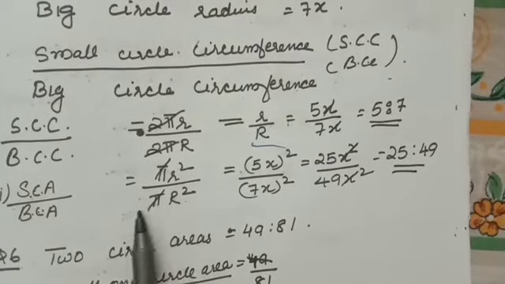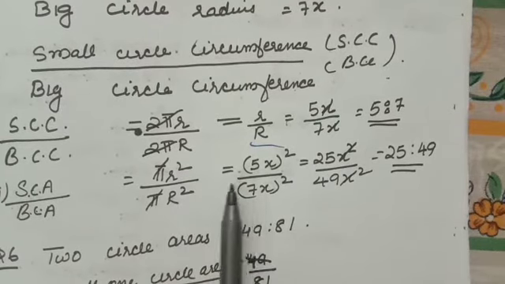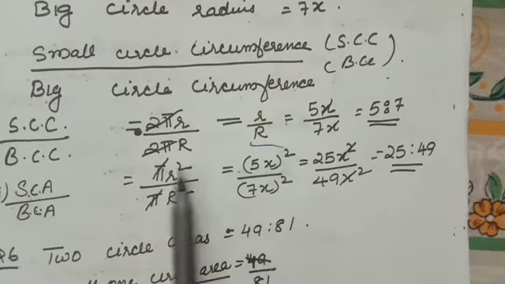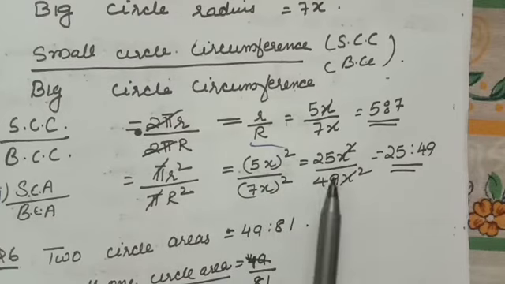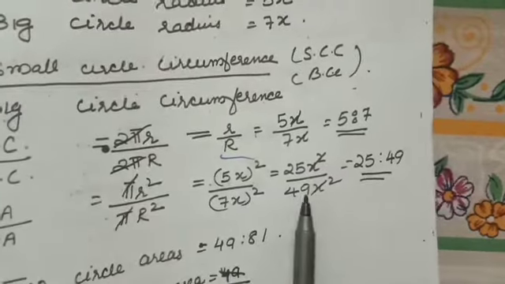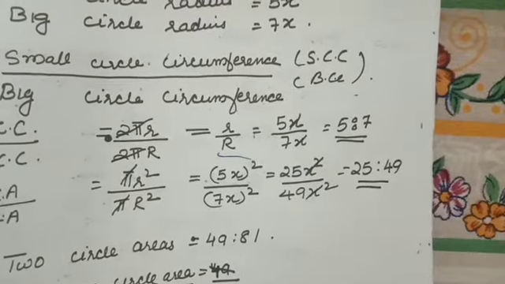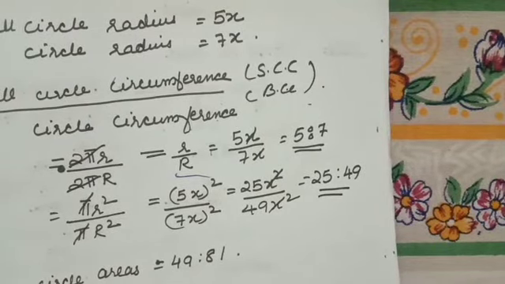Then pi r square divided by pi capital R square, cutting pi. Then 5x square, r square meaning square. 5 fives are 25, x square divided by 7 sevens are 49, x square will be cancelled out. You will get 25:49. Clear?